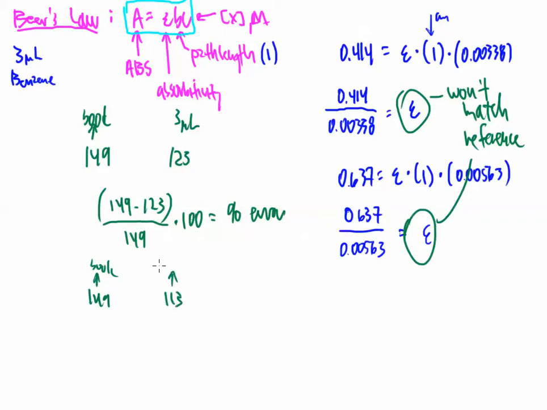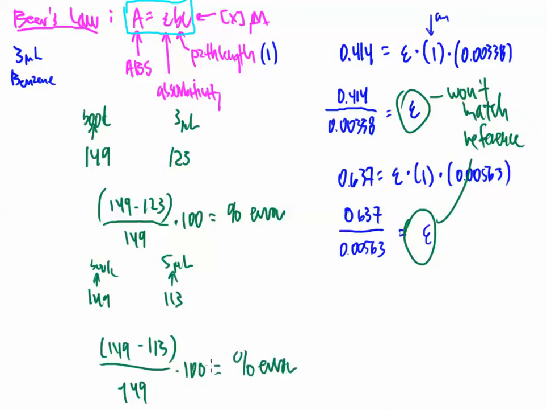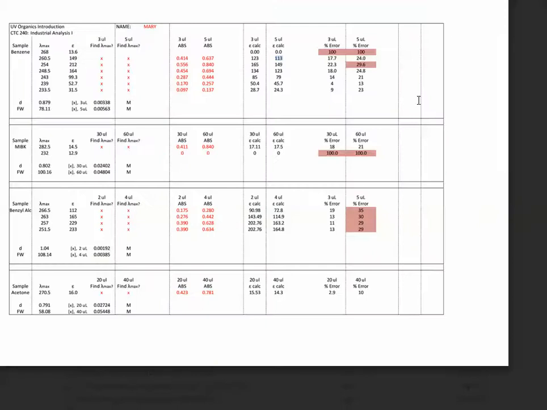And I do the same thing that I've done before with percent error. I'll take 149 minus 113, divide it by 149, times 100, and that gives me percent error. So all the way down, I'm going to see a percent error for the 5 microliter, and a percent error for the 3 microliter.